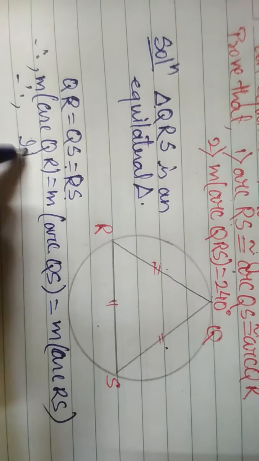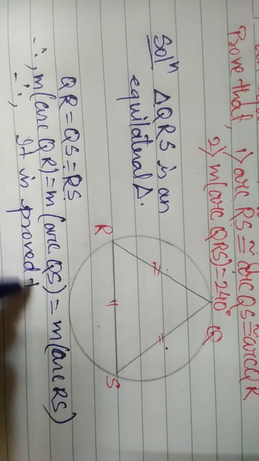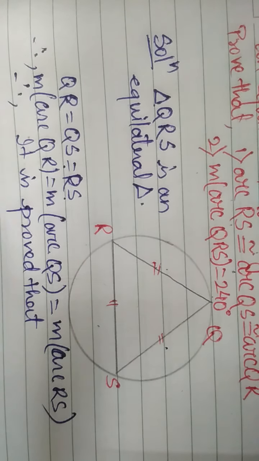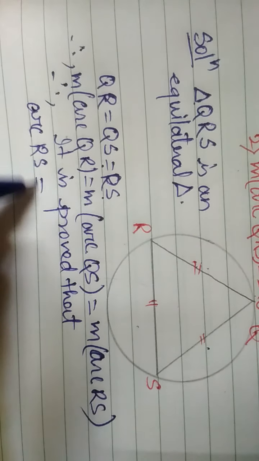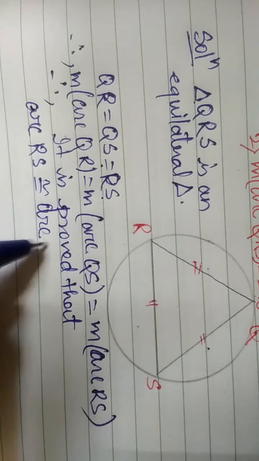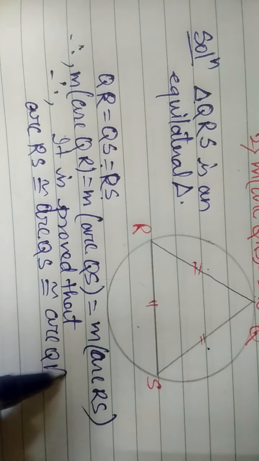Therefore it is proved, the first one: arc RS is congruent to arc QS is congruent to arc QR. So the first one is proved.